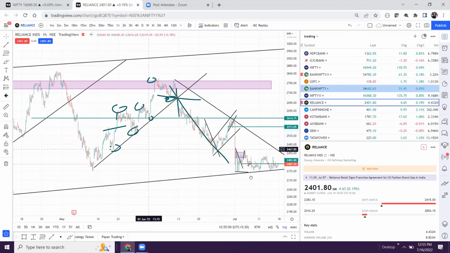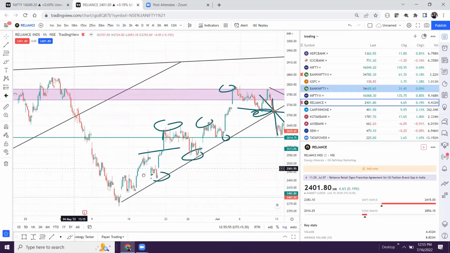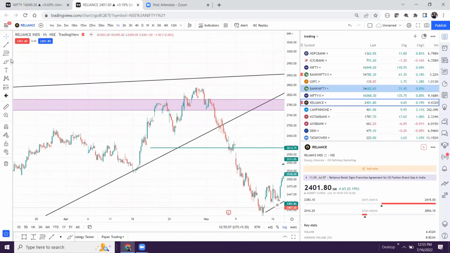See again on this side also. This is just an hourly time frame, and this is high, this is low, this is high, this is low. So let me again draw.